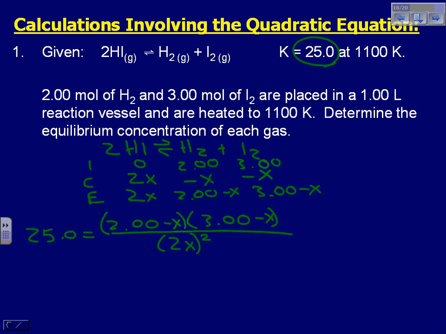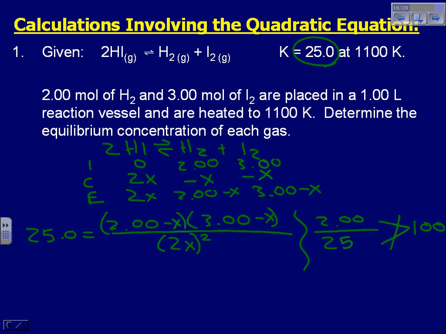Let's check for the approximation. It's kind of silly, but I just want to go through the motions. Taking that concentration, it doesn't matter which one. Usually we take the smallest one because that's going to give us the best evaluation of the approximation. I'm going to take the initial concentration 2 and divide it by the K, 25, and we are definitely going to find out that that is not greater than 100.